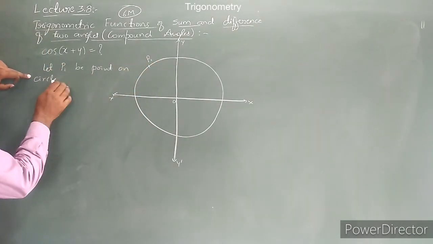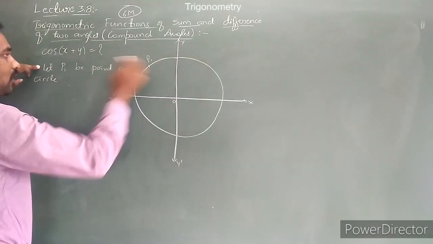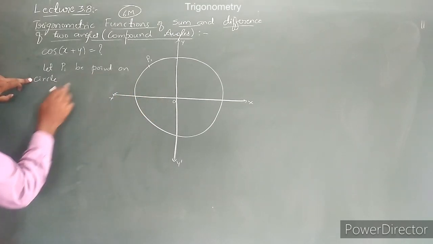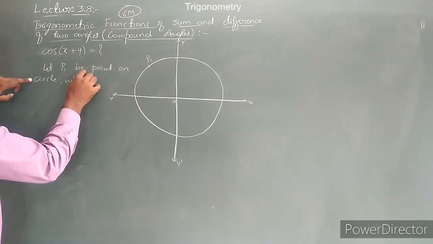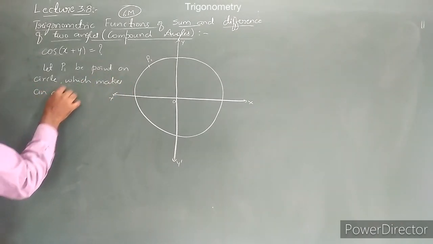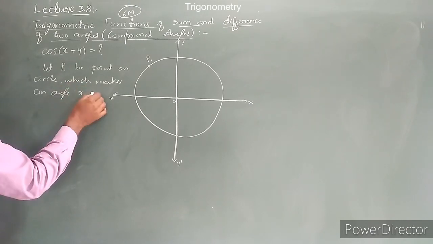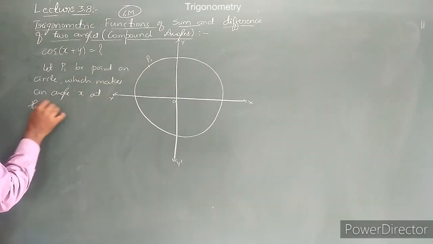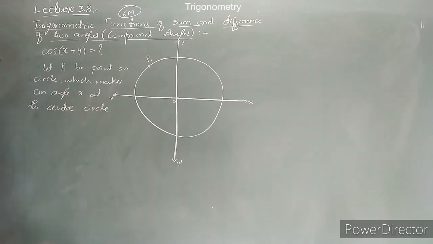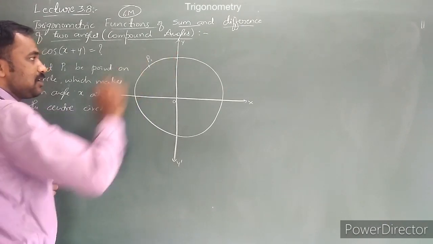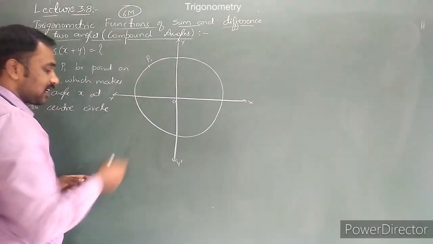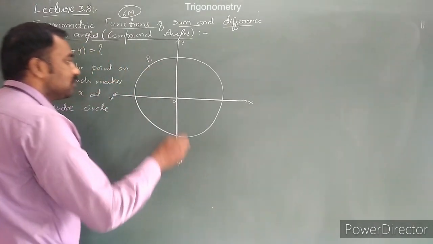This point P1 makes an angle x at the center of the circle. Let P1 be any point on the circle which makes an angle x at the center of the circle. I just consider OP1.